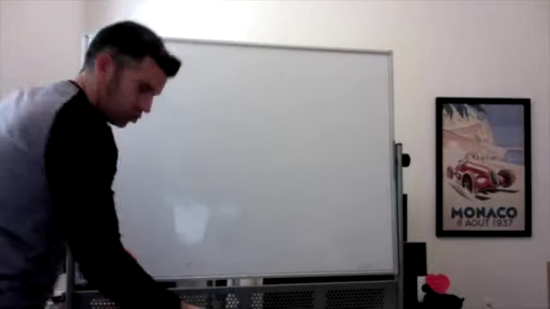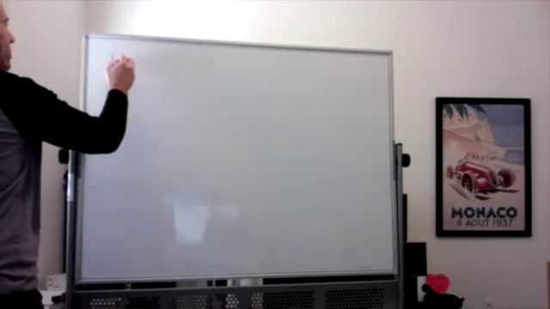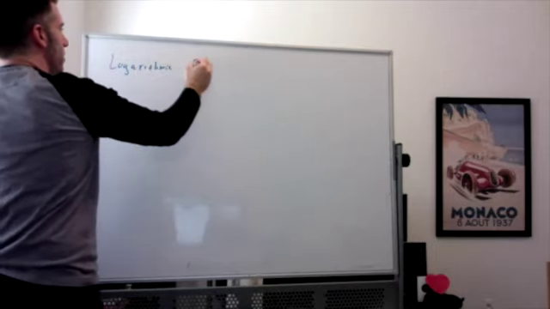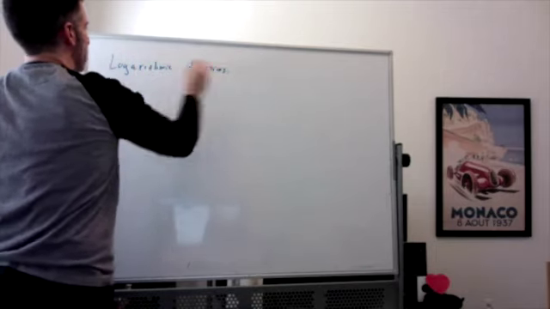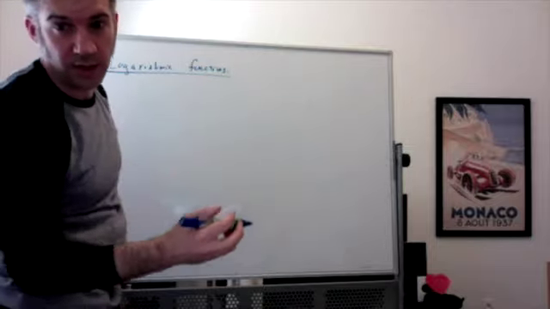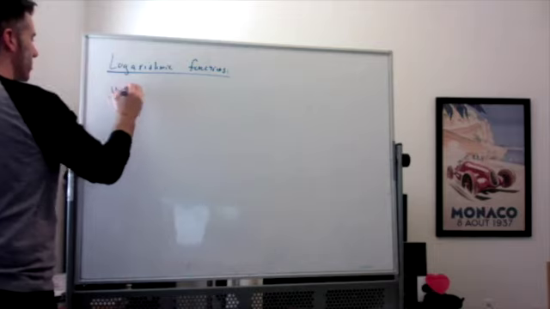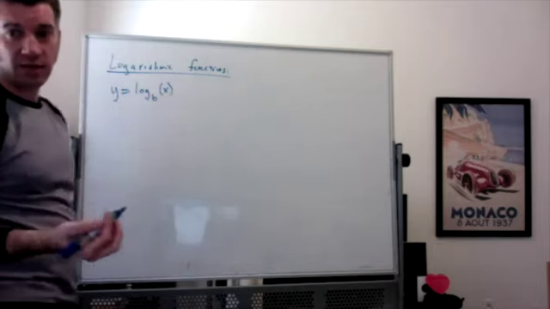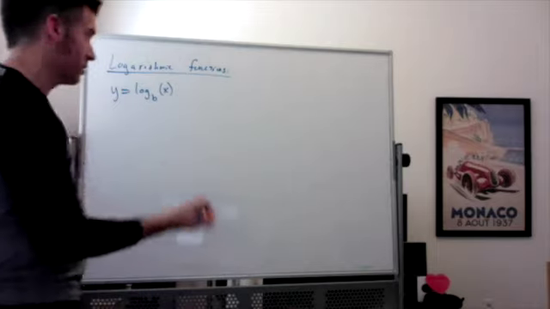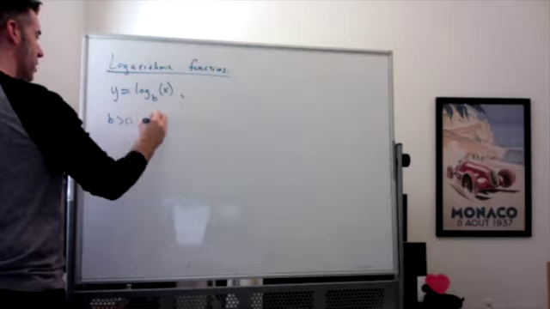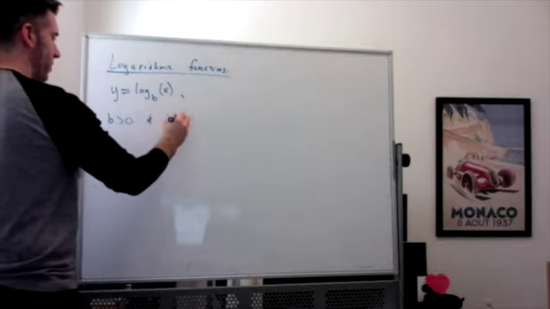So, logarithmic functions. We're looking at something like y equal to log base b of x. And again, the same sort of restrictions on our base: our base should be greater than 0 and not equal to 1.